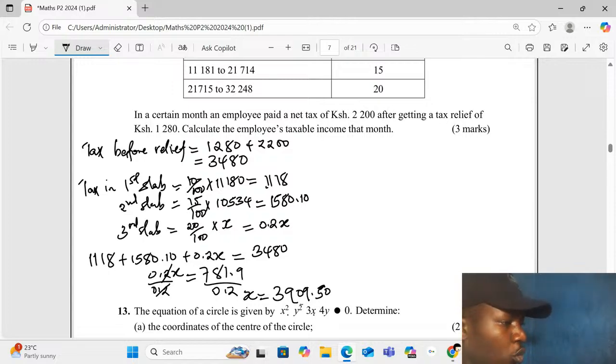But now we want to calculate the employee's taxable income. Therefore, to find the taxable income, we are going to add all of it now.